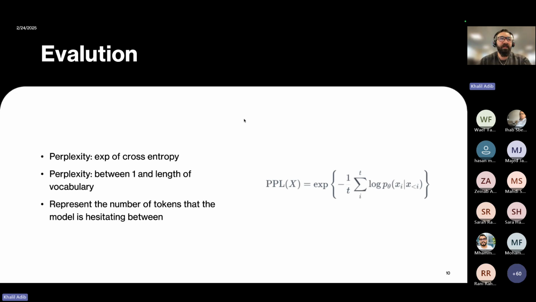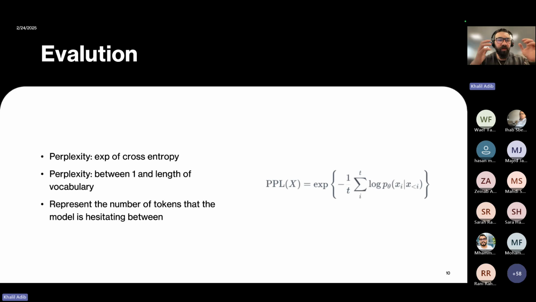Basically, Perplexity is the exponential of cross entropy. As I said before, cross entropy maximizes the log likelihood of predicting the next tokens. You can see on the screen the cross entropy that is used to train the LLM, and then the exponential gives you the value. The value of Perplexity can be between 1 and the length of the vocabulary.